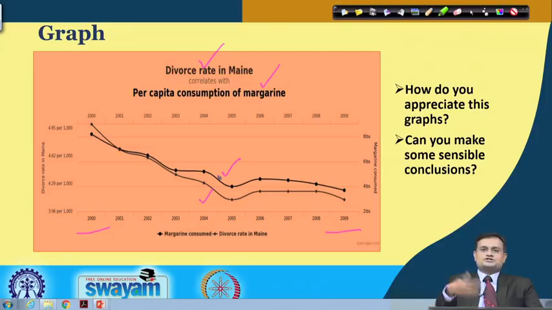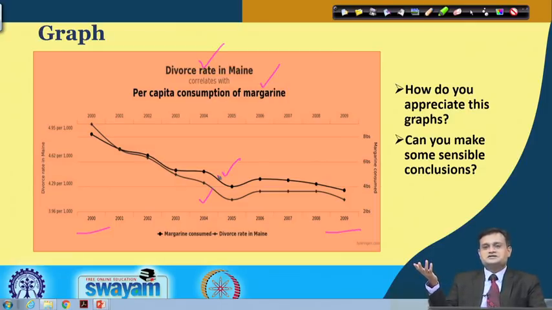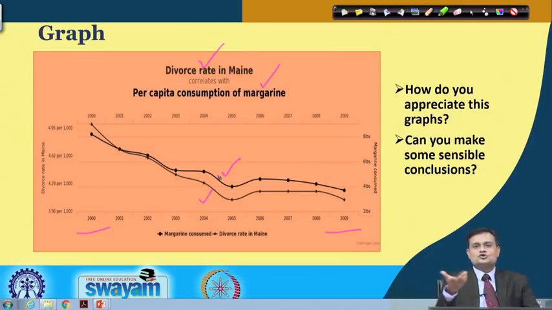Like our mustache example, here you can easily say that if the consumption of margarine increases, then the divorce rate will increase. Two different phenomena which have no relationship with each other may show a relationship if you put them on a plot.